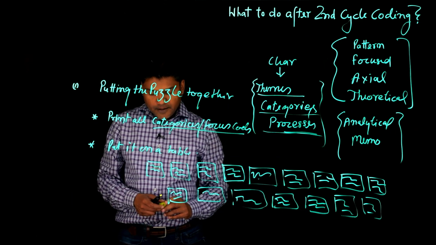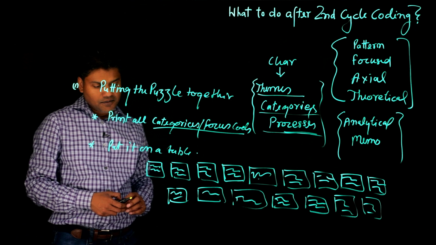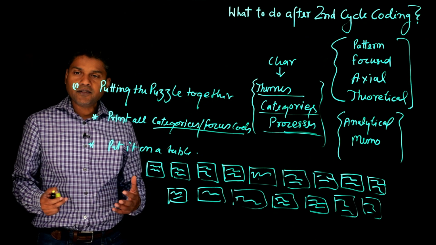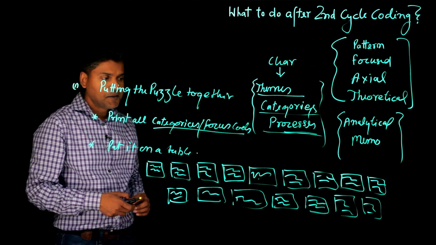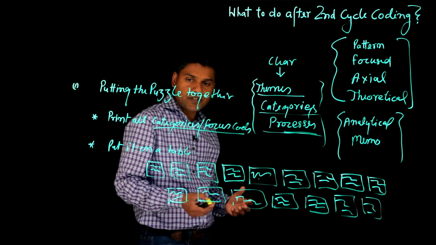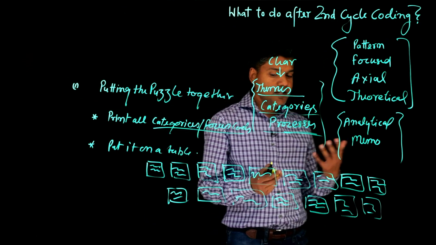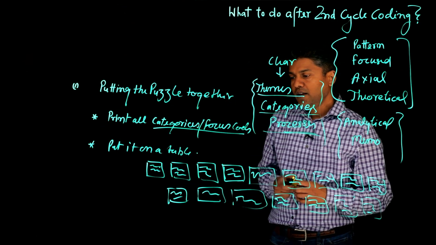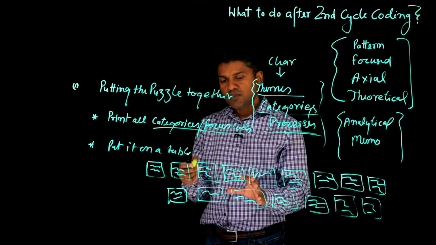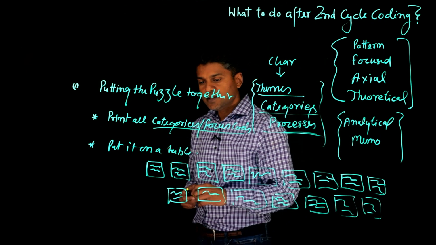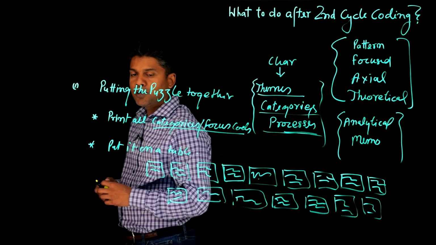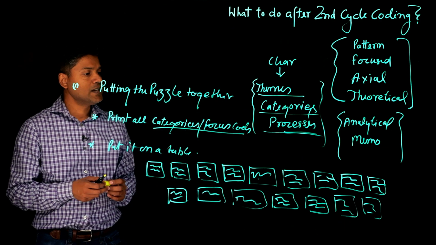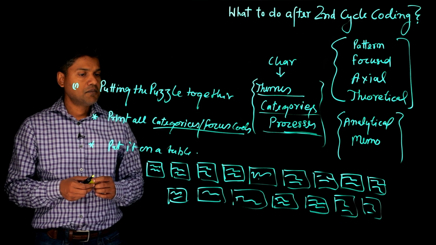I look at them and I ask myself, can I categorize them in some way based on their characteristics, based on any theme, or can I organize them in such a way that tells a coherent story about the phenomenon I'm investigating?